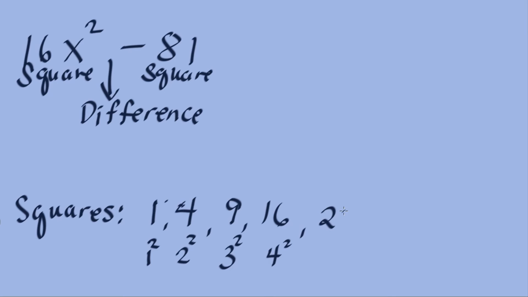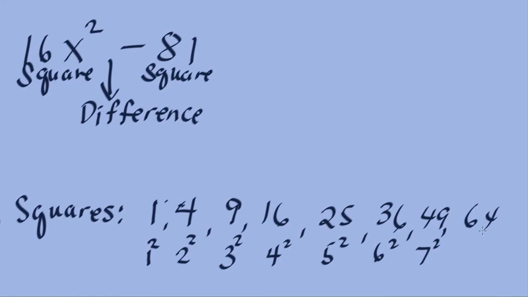What's next? 25 from 5 squared. 36, 6 squared. 49 from 7 squared. 64 from 8 squared, and so on. So these are the perfect squares. So when you look at this difference of squares, this is going to be a perfect square variable because x squared is obviously a perfect square.